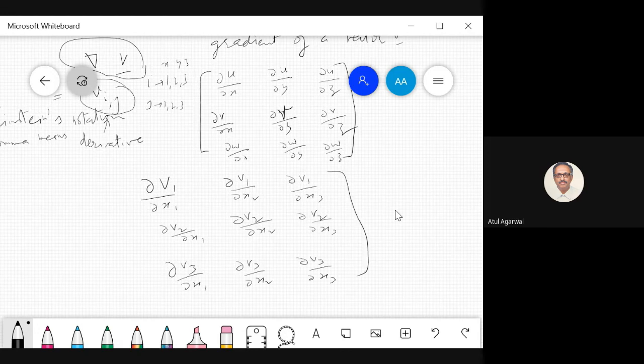Can you see both the matrices are same? V1 is basically U, V2 is V, V3 is W, X1 is X, X2 is Y, X3 is Z. So just this kind of a notation makes your life easy. You can express this matrix as Vi comma j. That is the advantage. It is called gradient of V.